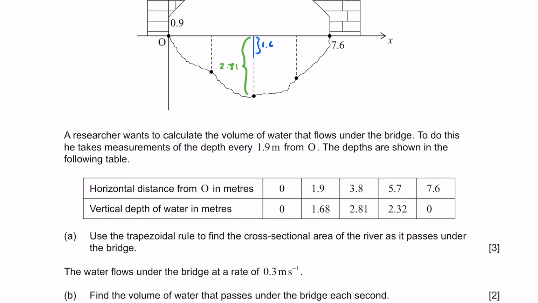So essentially our calculation is this distance right here. Maybe I'll use a different color. Use red, I suppose. This distance would be equal to 2.81 minus 1.6, which would actually just give us 1.21 meters. So a fair bit of clearing between the bottom of this boat and I guess the bottom of the river.